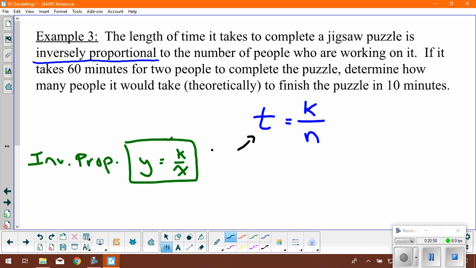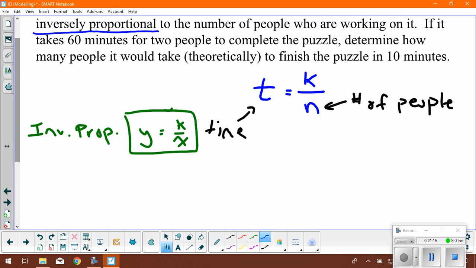Okay, so this is time, number of people. So our first goal is to figure out what the constant is. Okay, but fortunately, we have the other two pieces of information. Okay, we're saying it takes 60 minutes for 2 people to finish the puzzle.